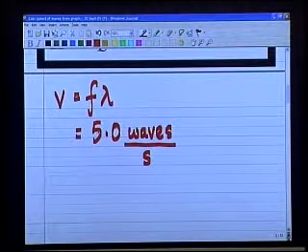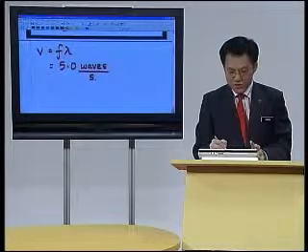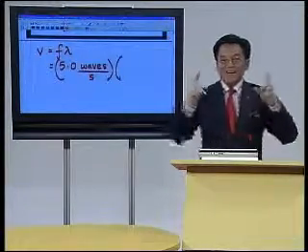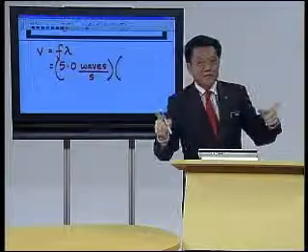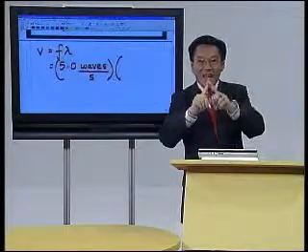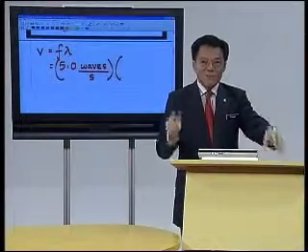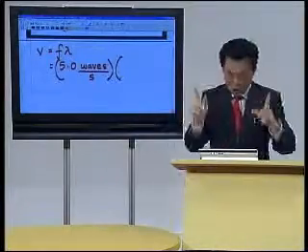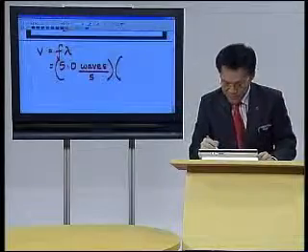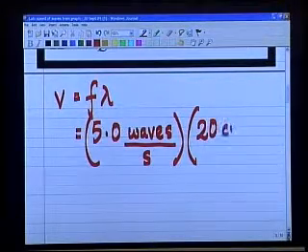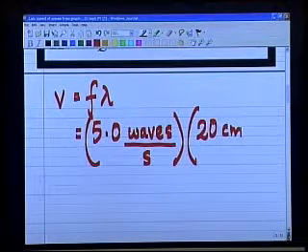So far so good? Now what is lambda? Lambda is the wavelength. In other words, it is the length of one wave. And the wavelength is 20 centimeters, so I would like to write down 20 centimeters per wave.